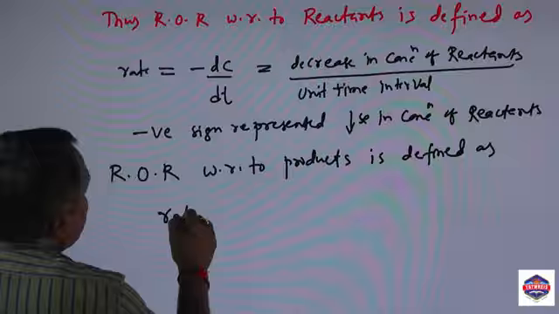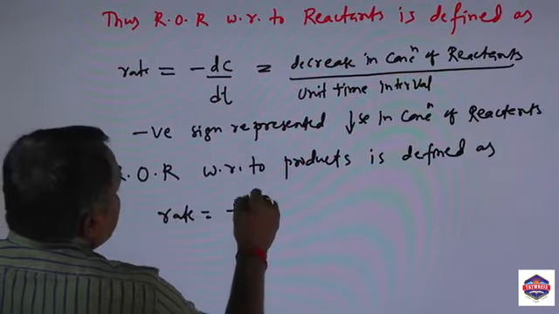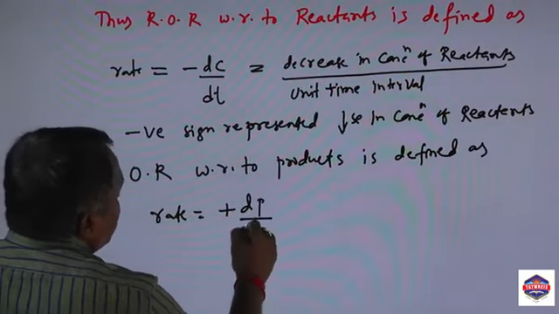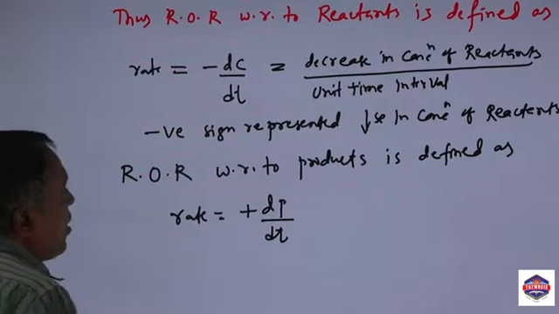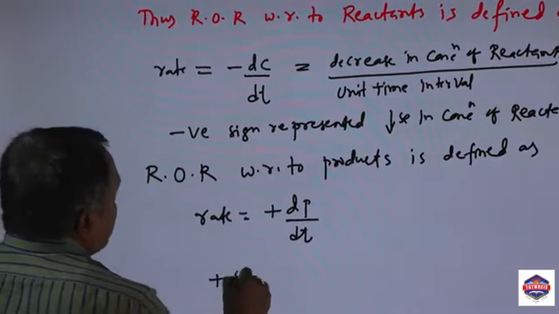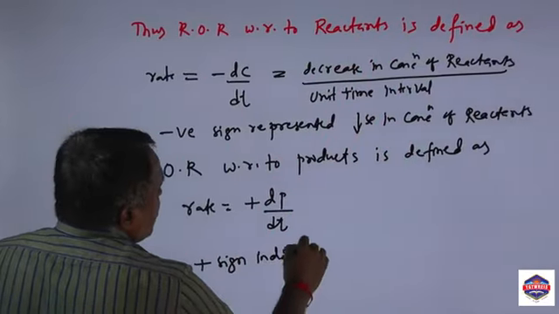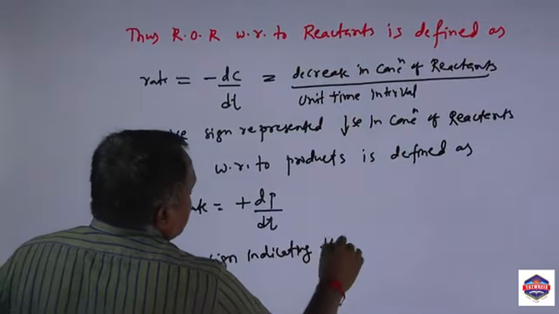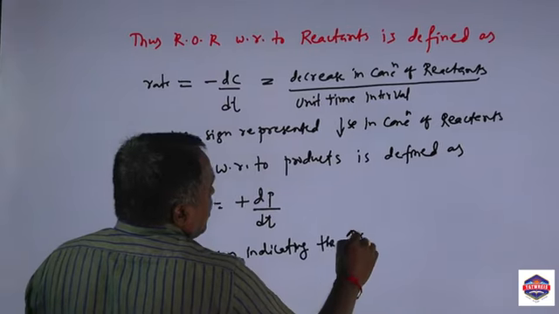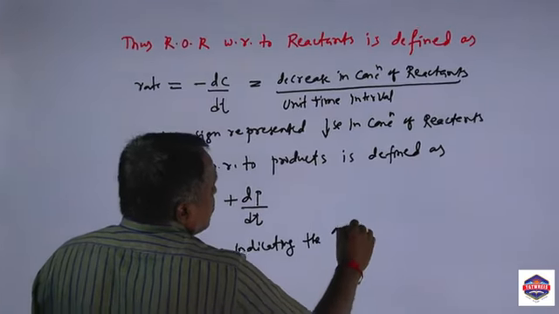rate is equal to plus dP by dt. P means product, dP by dt. Here the plus sign indicates the increase in concentration of products.